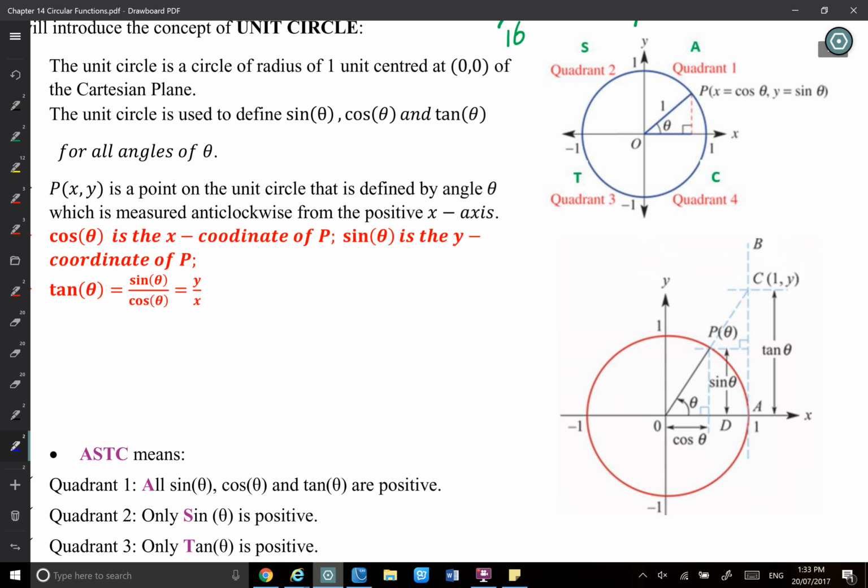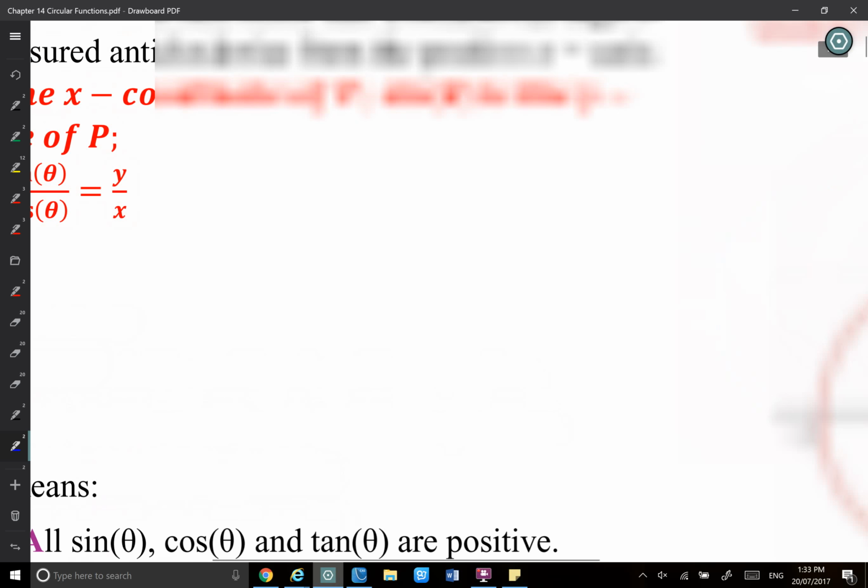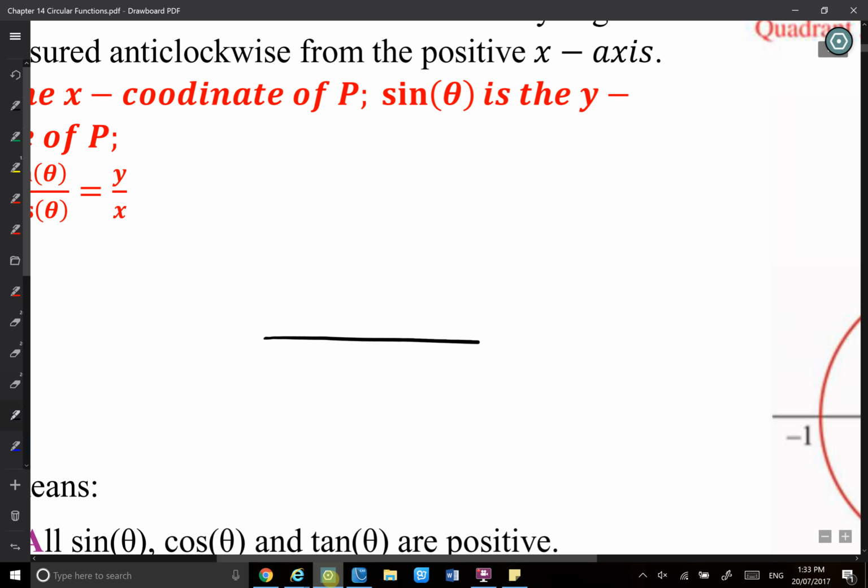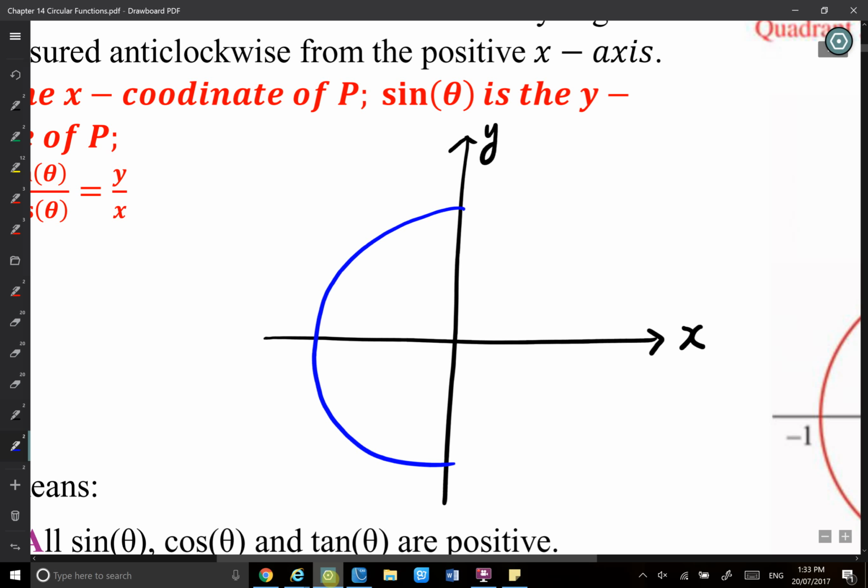A unit circle in the Cartesian plane. What we do is sketch a unit circle in the Cartesian plane, x and y. We sketch a circle here. That's a unit circle, with its center at 0, 0 and a radius of 1.